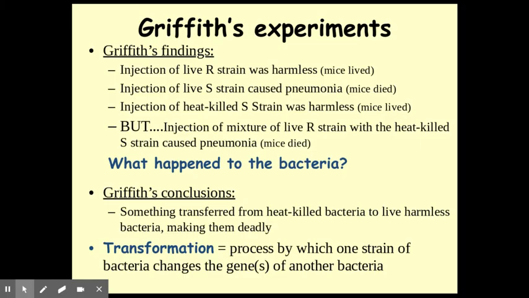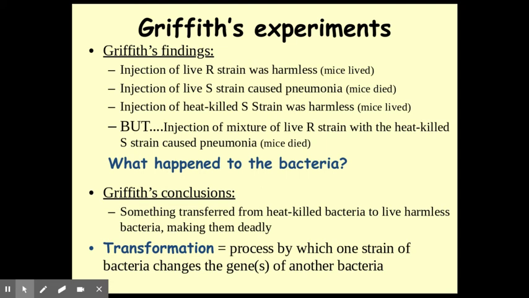So he came up with a couple of conclusions. He basically found that alone the R and S strand did what they were supposed to. The R strand remained harmless, and the S strand caused pneumonia. When he killed the S strand and put it into the mouse, it became harmless. But then he injected the R and S strand, and it caused pneumonia and caused the mouse to die.